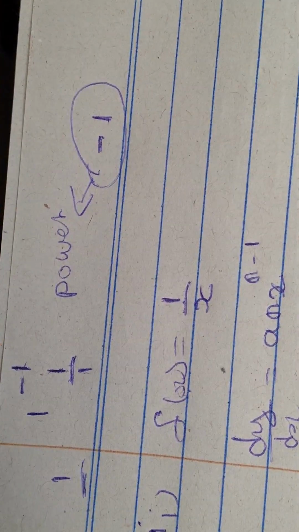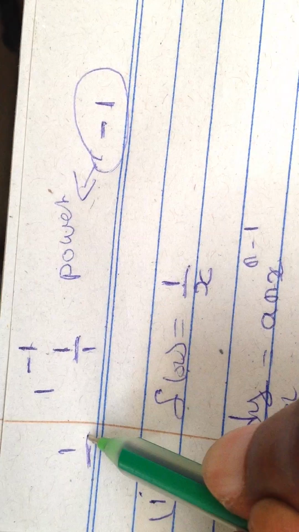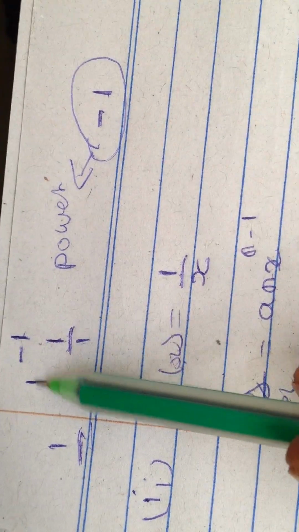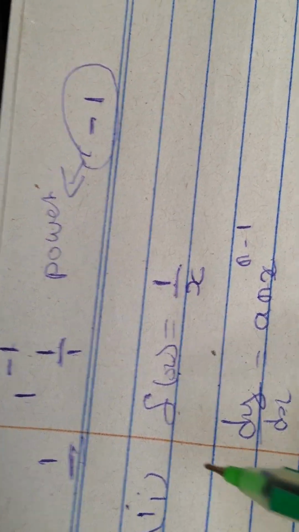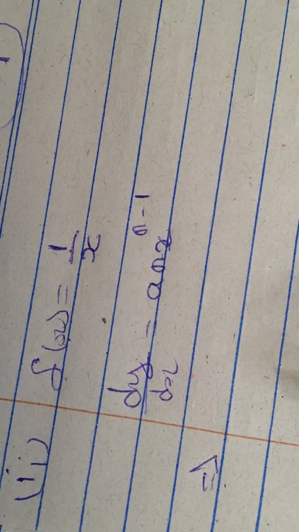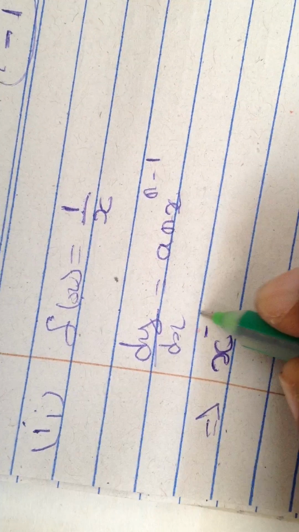So 1 raised to power negative 1 is 1. This is mathematics, guys. So here, if you have 1 over x, when you rewrite it, it is the same as x raised to power negative 1.